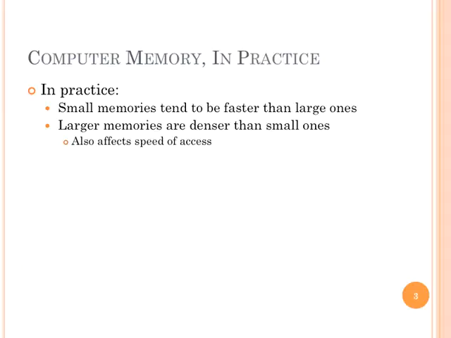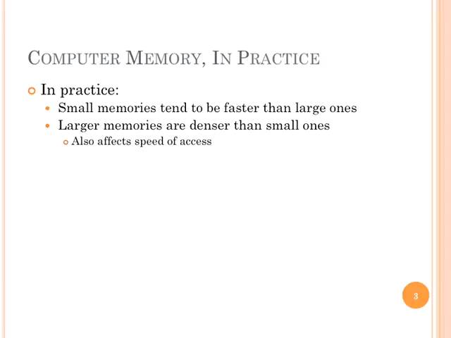So in practice, what we're going to be looking at is the fact that small memories tend to be faster than large ones, particularly if you hold the technology constant. If the technology is constant and you have a small memory and you're comparing it to a large memory, the small memory is going to be faster for physical reasons. And also, larger memories tend to be denser than small ones, because who wants to make a really giant memory with some technology that doesn't have a very high density?